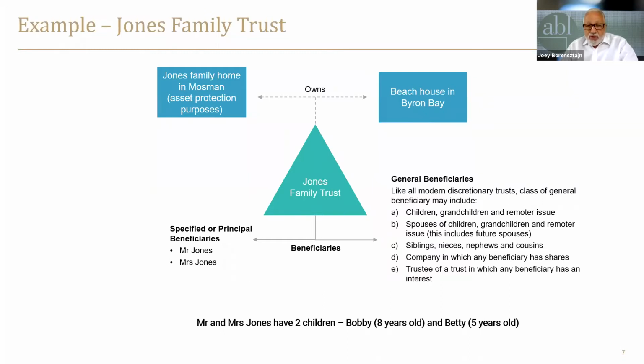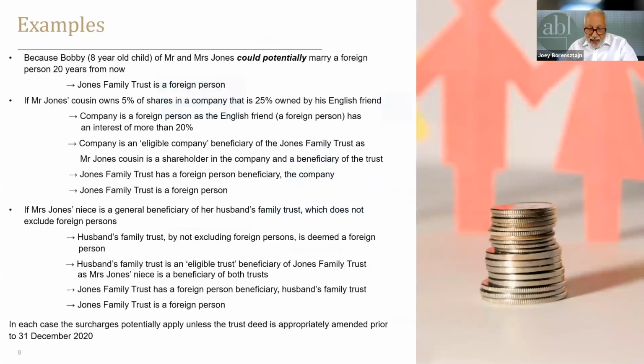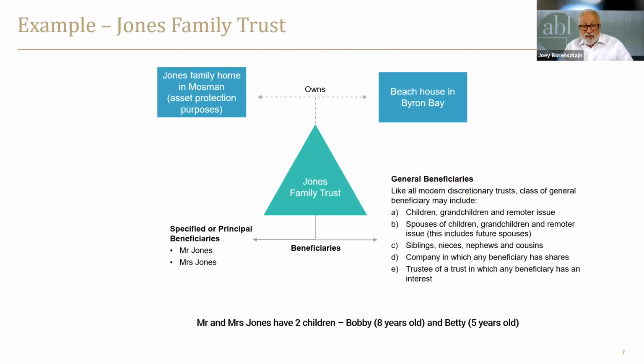Like any modern discretionary trust, there would be an extended class of general beneficiaries who would include the children, grandchildren, and remoter issue, would also include spouses of the children, grandchildren, and remoter issue, including future spouses, would include siblings, nieces, nephews, cousins, companies in which any beneficiary has a share, and trustees of a trust in which any beneficiary has an interest. Mr. and Mrs. Jones have two children, Bobby, who is 8, and Betty, who is 5.